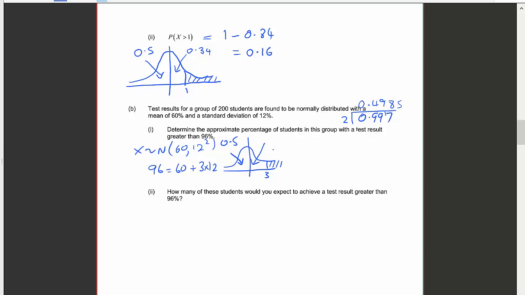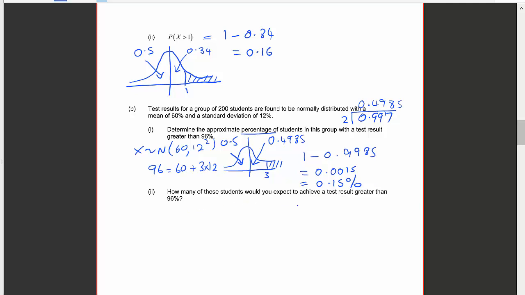So it's going to be 0.4985. So greater than 96% is going to be 1 take away 0.9985, which is 0.0015. And this is percentage, so multiply by 100, so that's 0.15%.